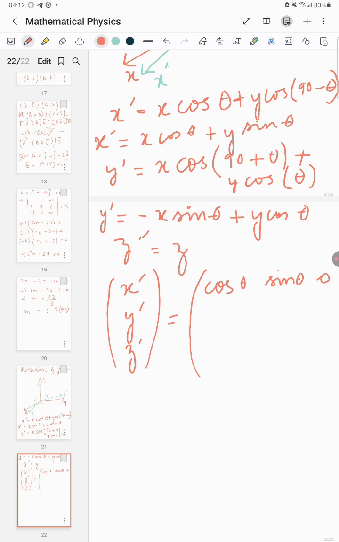Similarly, the coefficient of x in y prime's expression would be minus sin theta, and the coefficient of y in y prime's equation would be cos theta, and the coefficient of z in the expression of y prime, is there any z? No, right?